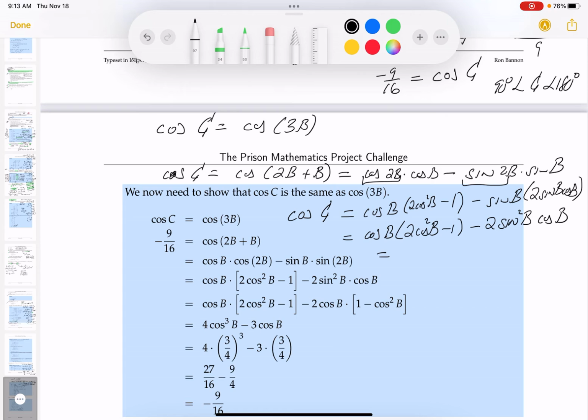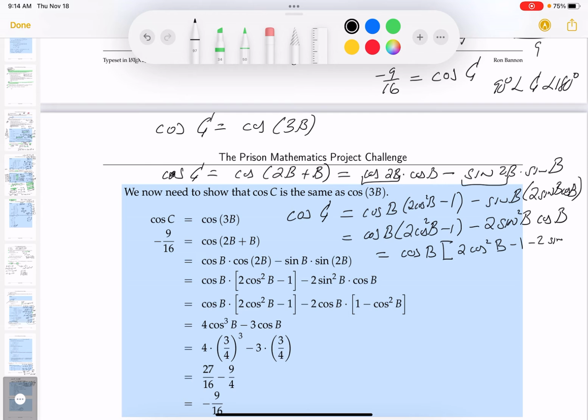I'm seeing cosine b, and I'll factor that out. And what would you get? 2 cosine squared b minus 1 minus 2 sine squared b. Let me see if I'm doing that right. Yeah. Let's see what we get over there.